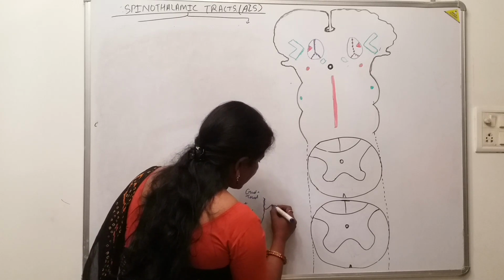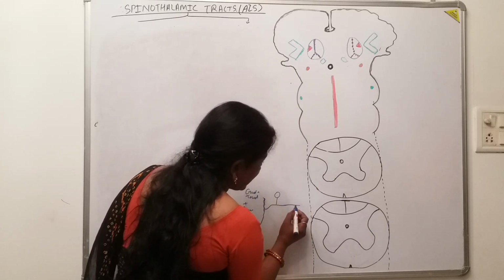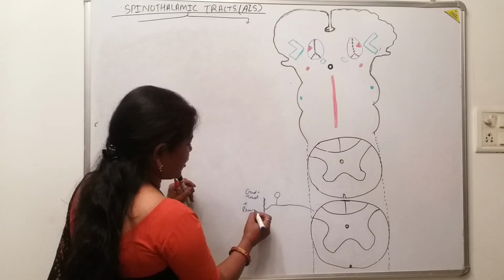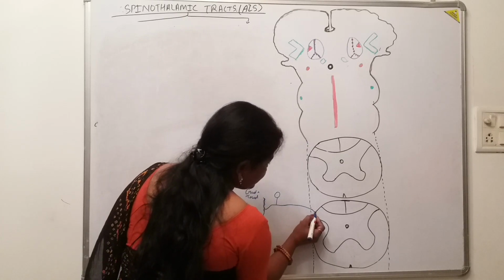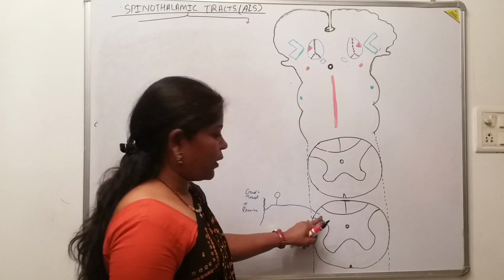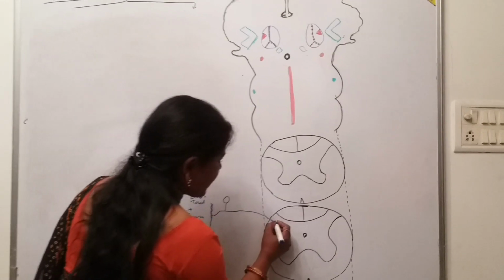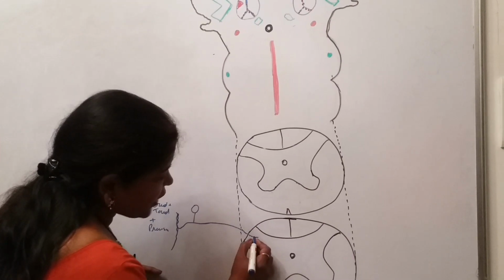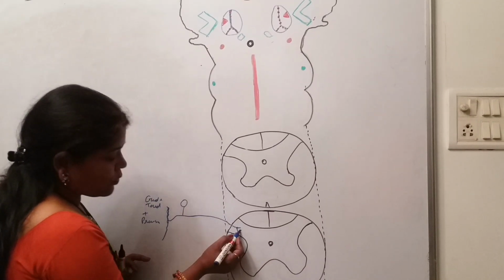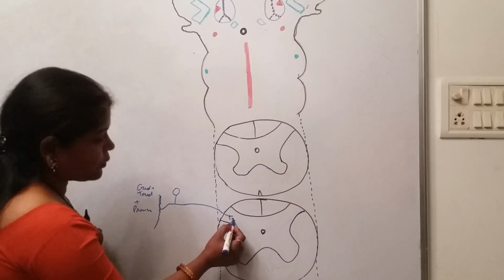This is the peripheral process, this is the dorsal root ganglion, this is the central process. This central process bringing the crude touch and the pressure sensation, where is it going? In the dorsal gray horn, where it synapses with the neurons of the dorsal gray horn. Okay, it synapses here with the second order neuron, and the axons coming from this second order neuron, what will they do?